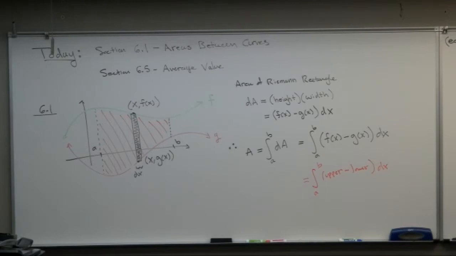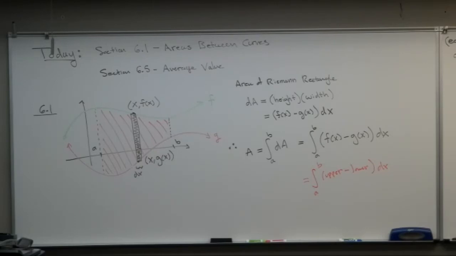Let's say f of x equals 5, and g of x equals e to the negative x, from x equals 0 to x equals 3.